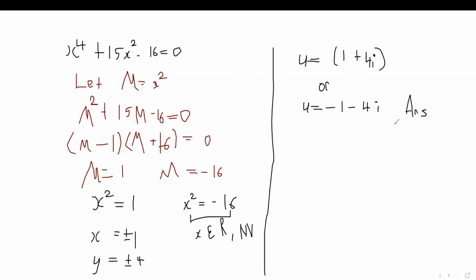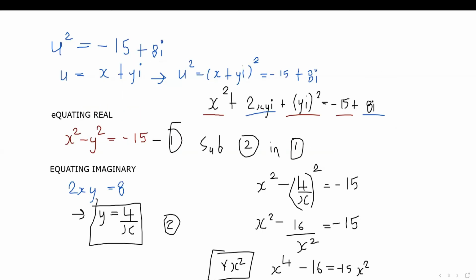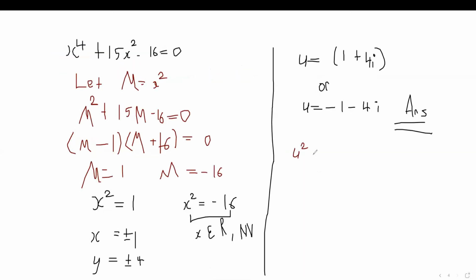Now, of course, I love to give verification. Remember we're supposed to get u squared equals minus 15 plus 8i. If you square 1 plus 4i, this is just to verify your answer, if you expand that square, it's going to be the first term squared, plus twice the product of the two, which is 8i, plus the second term squared, which is 16i squared.